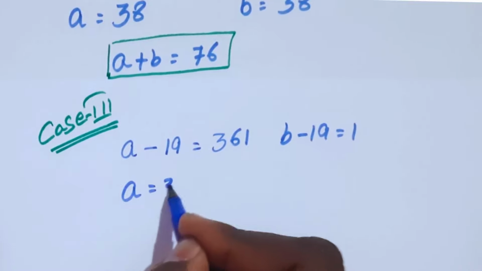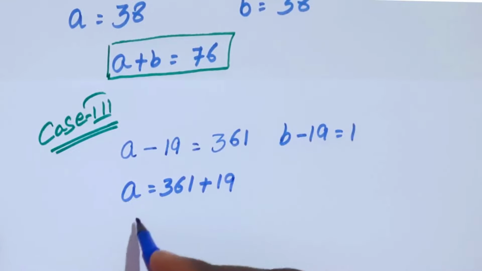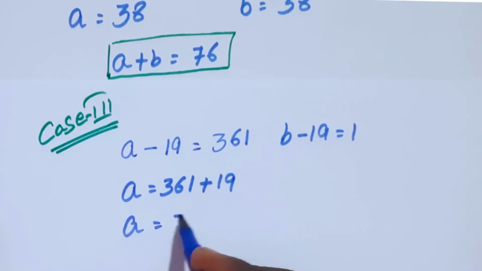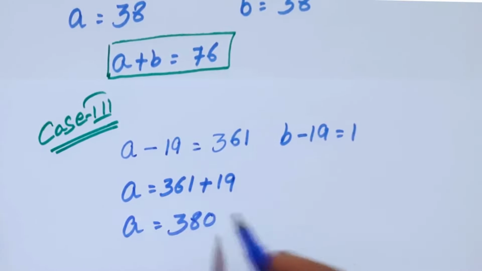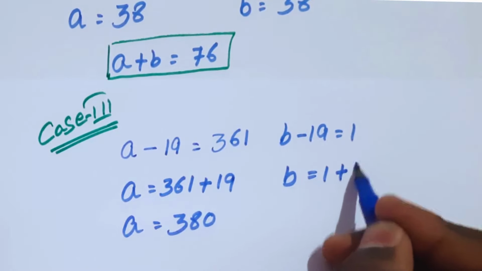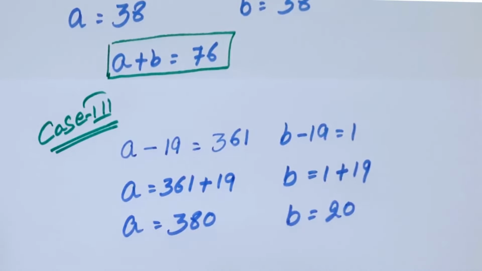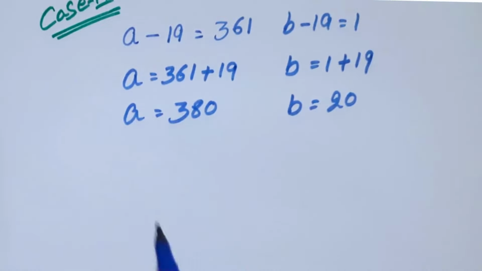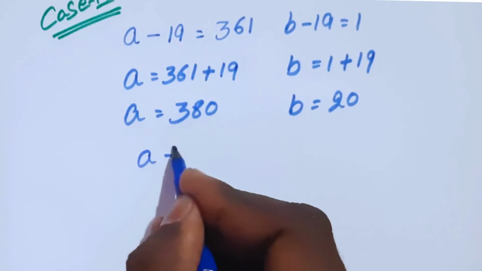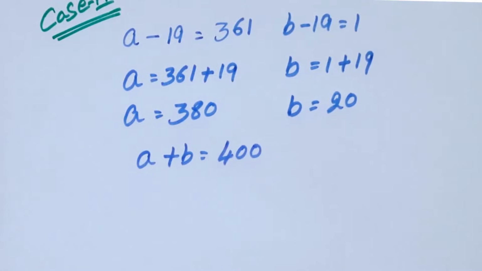A equal to 361 plus 19, A equal to 380. Here B equal to 1 plus 19, B equal to 20. In this case, here A plus B equal to 400.